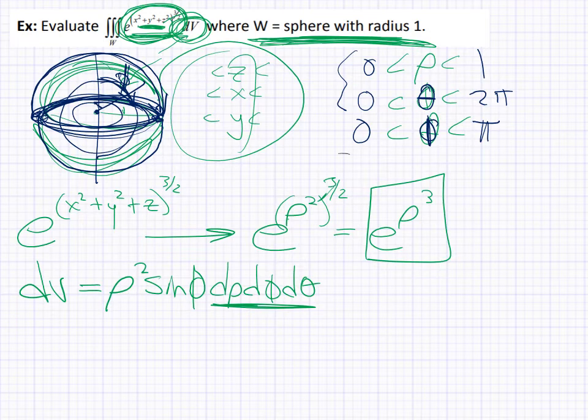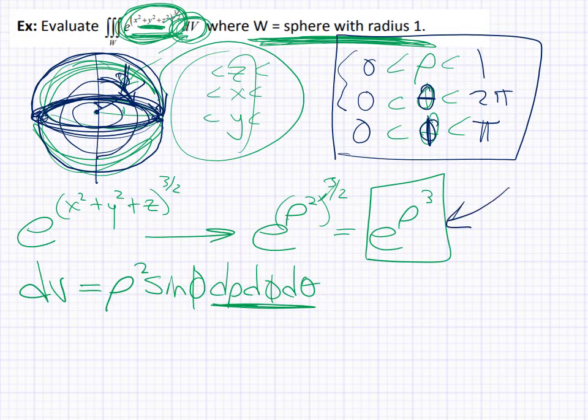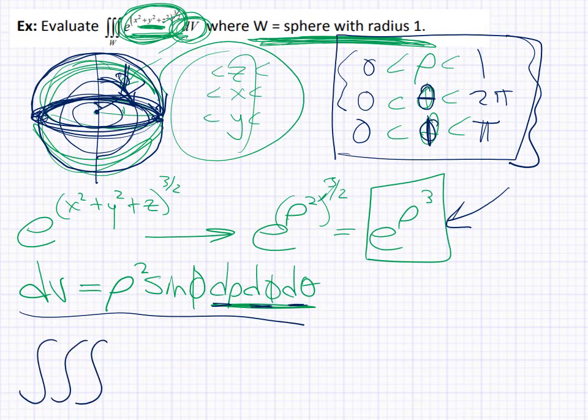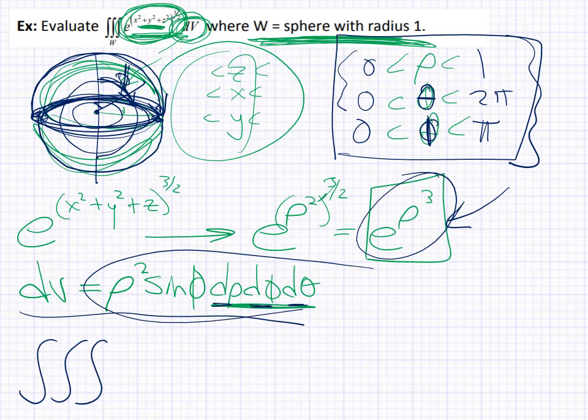So that's all the pieces we need. We have our intervals for our integration, we have our function we're going to integrate, and we have our differential. Now in terms of all those things, these are all constants. So order actually doesn't matter at all. If we just leave it d rho, d phi, d theta, or we want to switch it up to d theta, d rho, d phi, it doesn't necessarily matter. So the triple integral will be this times this.